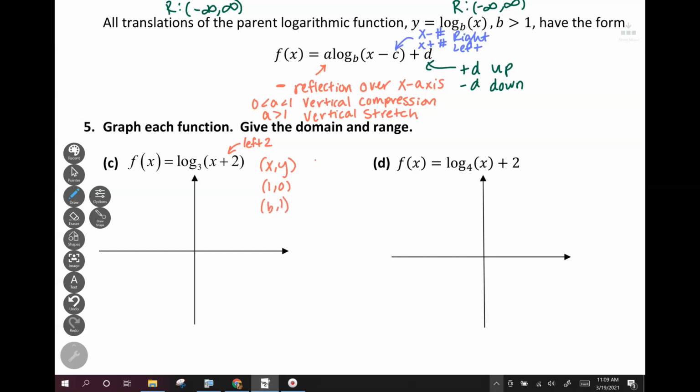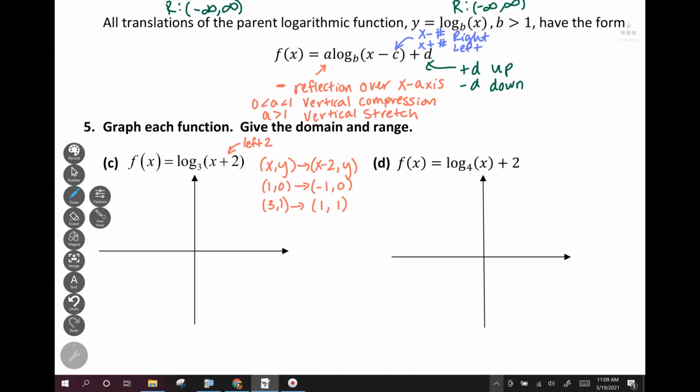But now we're moving left 2, so it's going to be (x minus 2, y), and your y does not change. Okay, so I'm going to just transform those 2 points. So subtracting 2 is going to give me (negative 1, 0). My b in this problem is 3. So normally (3, 1) would be there, but we're moving left 2, so it's going to be at (1, 1).